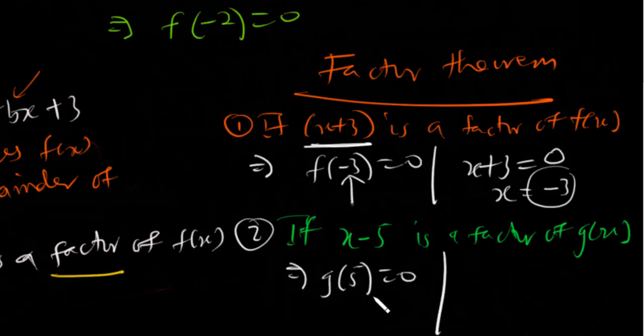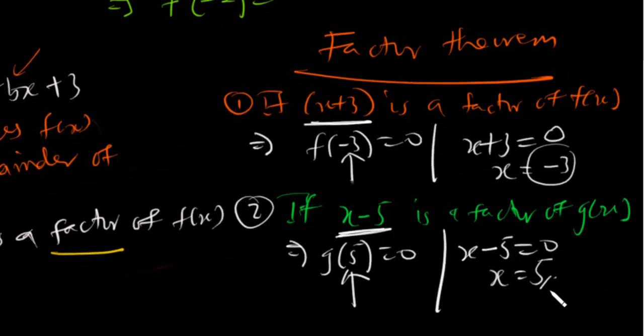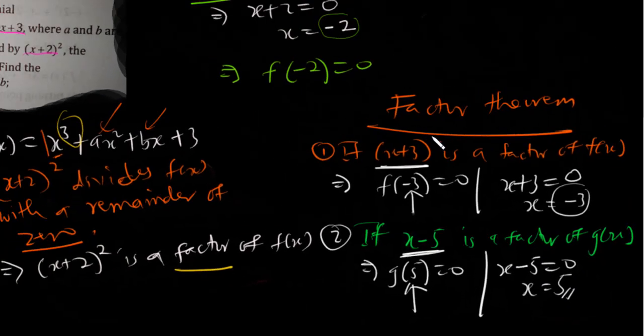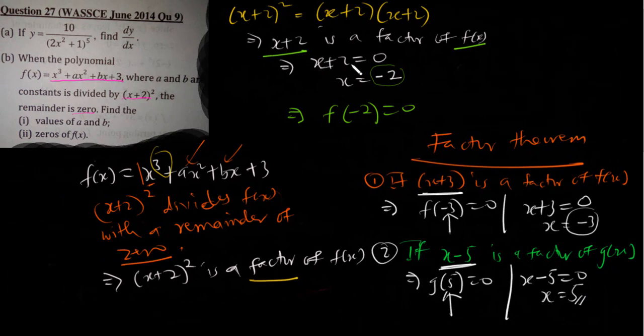Now why are we saying g of 5? Where did we get 5? We take the linear factor x minus 5, equate it to 0, and make x the subject. So x equals, the sign here is negative, so when you send it to the right side, we have positive 5. So that is exactly what we're talking about here. Because we are saying x plus 2 is a factor, then we can put negative 2 into the function and we should get 0.